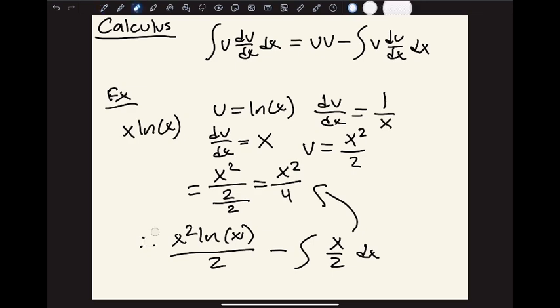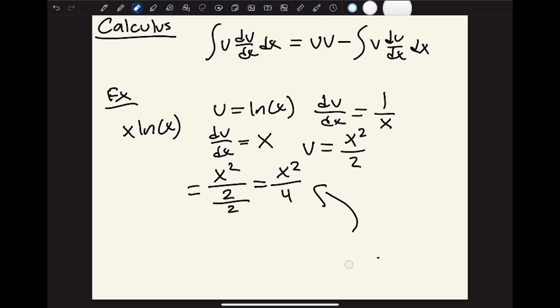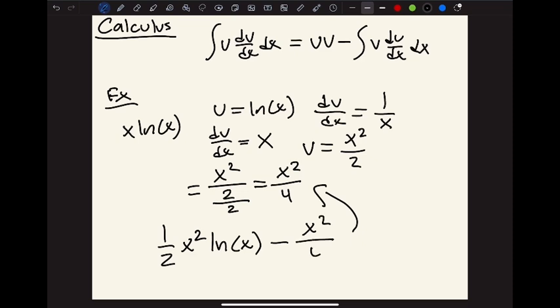And then finally, if we rewrite everything again, it will give us a final answer of 1/2 x squared ln x minus x squared over 4. And don't forget to put plus c. So this is the final answer for the integral of x ln x using the integration by parts method.